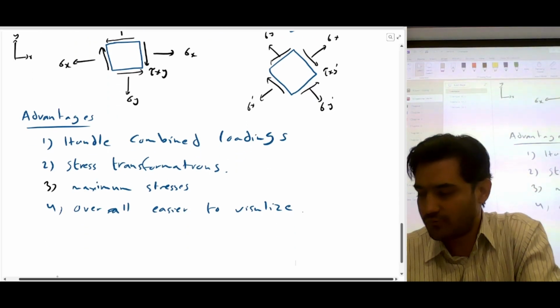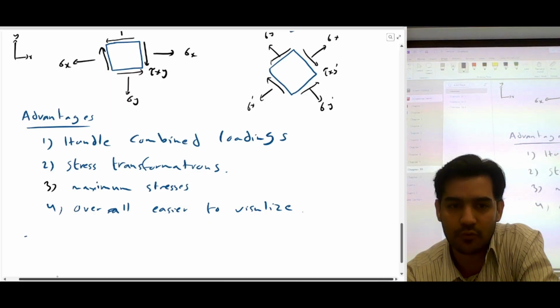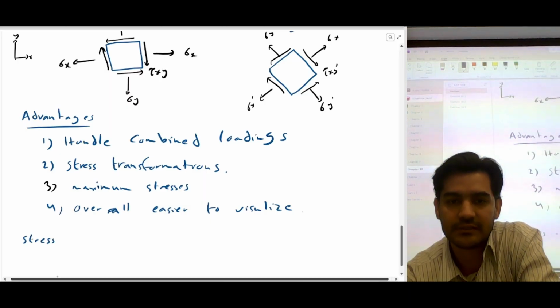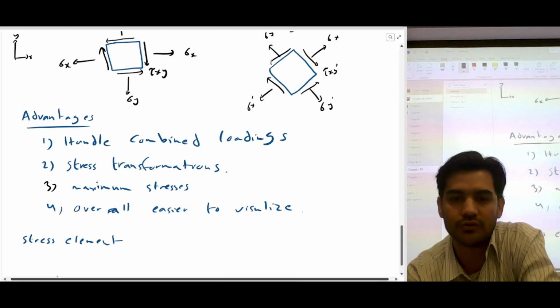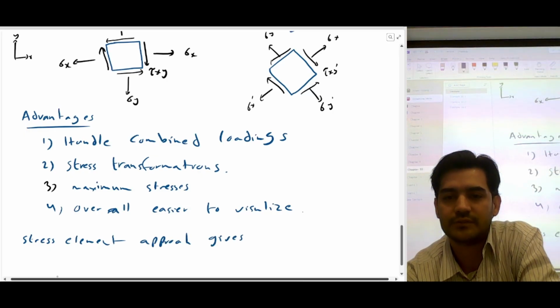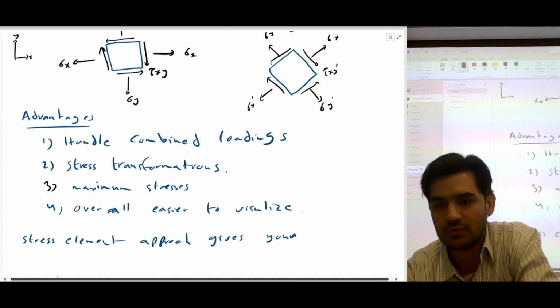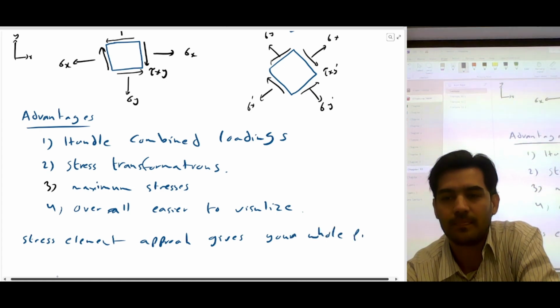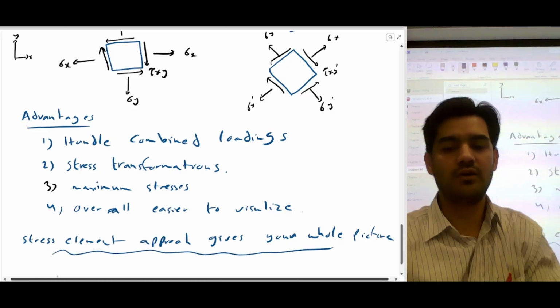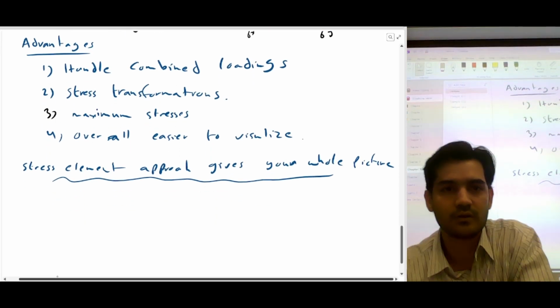So overall, this microscale approach, this stress element approach, gives you the whole picture, right? So the stress element will give you a whole picture, so that's why we will be using this.